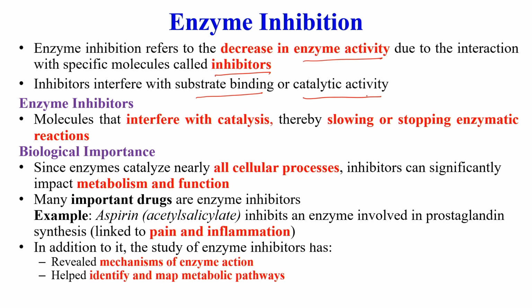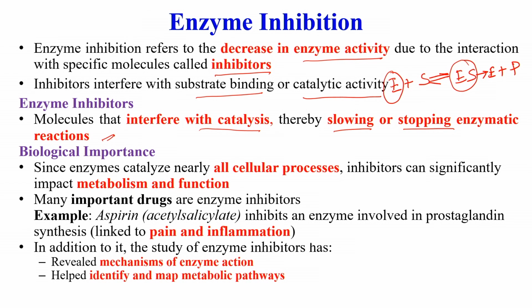If you remember, E binds with S forming the enzyme substrate complex, which goes to E plus P, the product. So an inhibitor can target E, and an inhibitor can target ES. Enzyme inhibitors are molecules that interfere with catalysis, slowing or stopping enzymatic reactions.